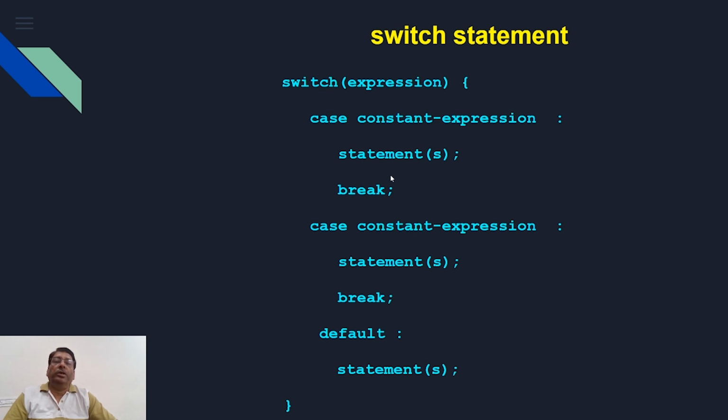If it does not match any of the expressions written in case, then it is going to perform the statements in default. So let's try to perform an exercise on this. Then you will clearly understand when to make use of this particular statement called the switch case statement.